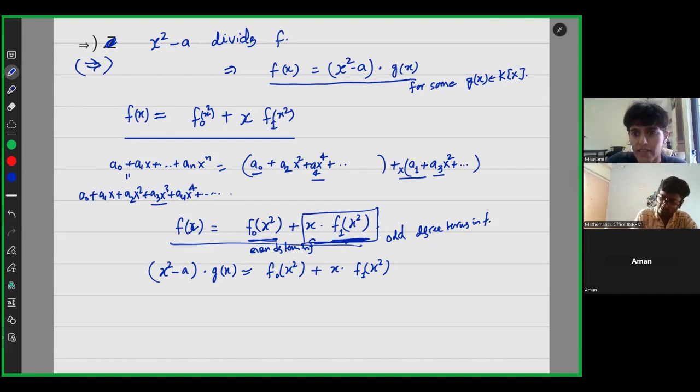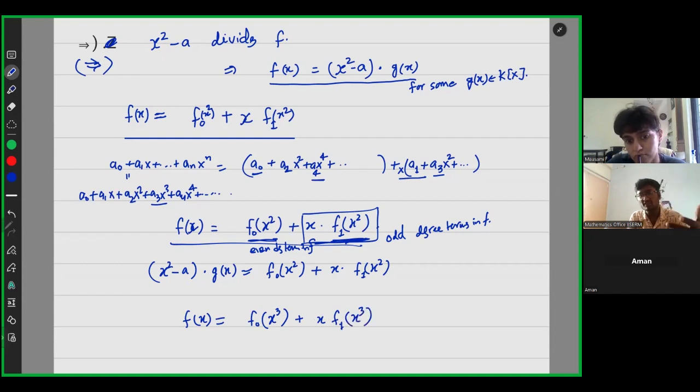Even if instead of 2 we had some other prime, in a slightly analogous way, for example, let's say 3. Any polynomial f(x) we can write in this form: f0 of x cube, which are multiples of 3, plus x into f1 of x cube.